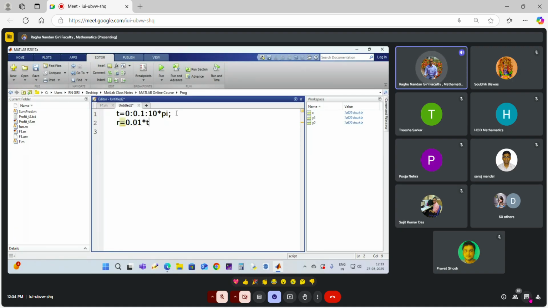T is a vector, so you have to write t dot caret 2, minus L, 0.02.